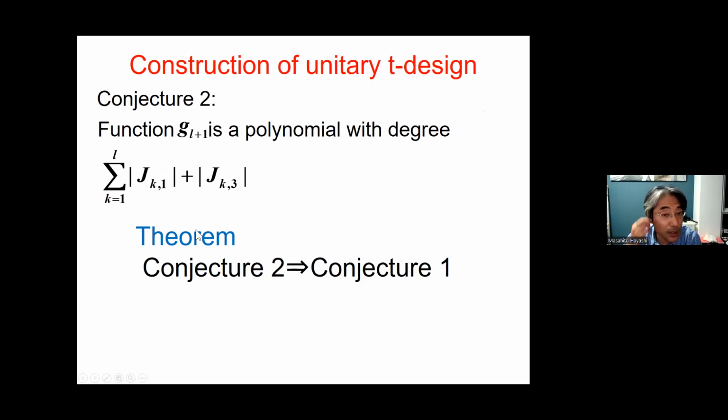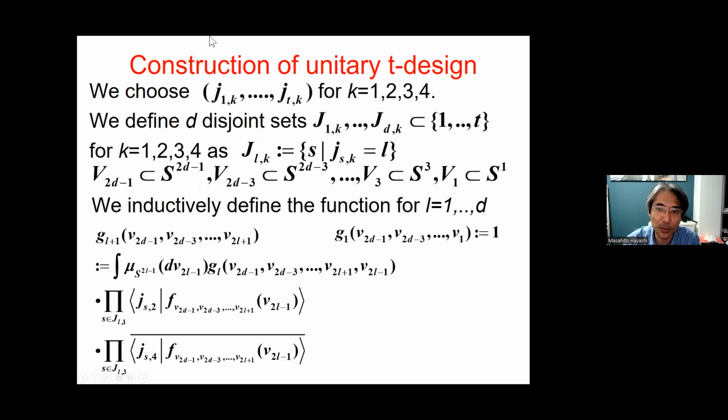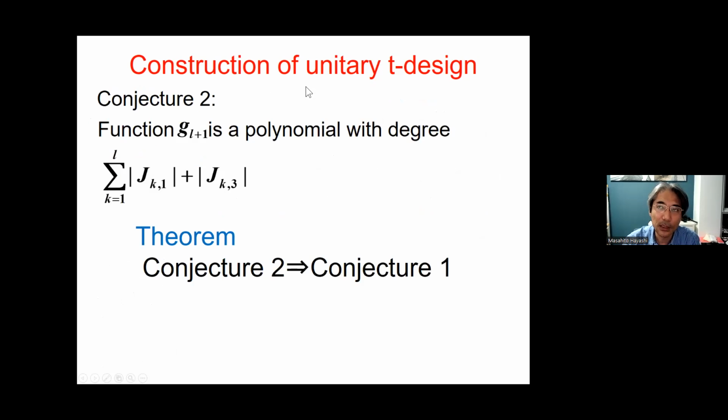Then there is another conjecture. The function G_(L+1) is a polynomial with degree, this guy. Of course, the definition of G depends on the sequence of this integer sequence. So for any integer sequence, we can define G_L, and for any sequence of integer sequences, this defined function G_(L+1) is a polynomial with degree, this guy.